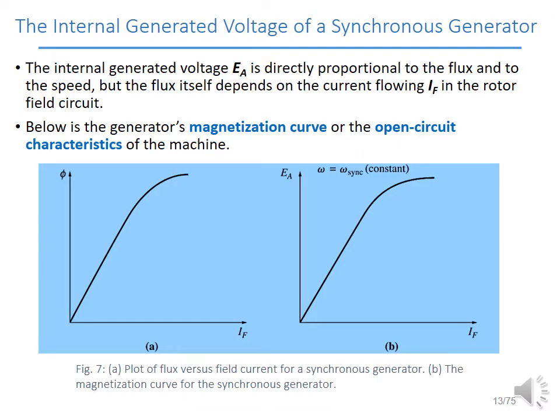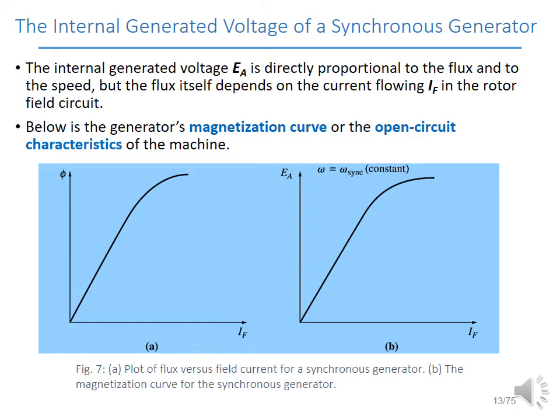The internal generated voltage EA is also directly proportional to the flux in addition to the speed, but the flux itself depends on the field current IF, which is flowing in the rotor field circuit, as can be seen on the magnetization curve below.